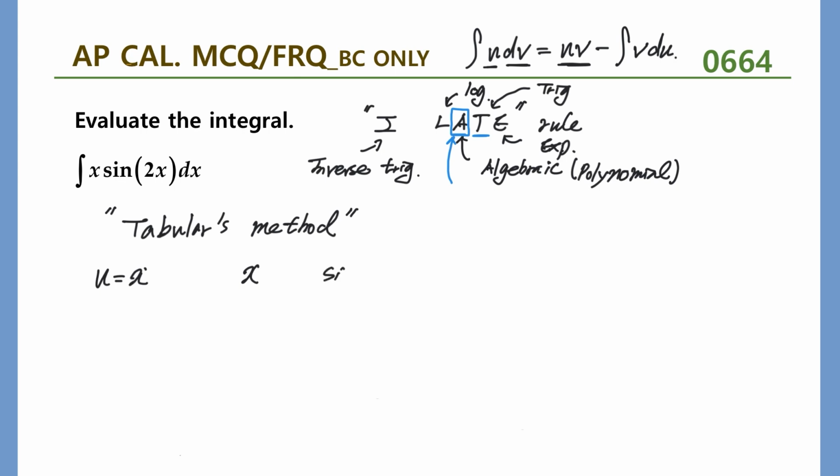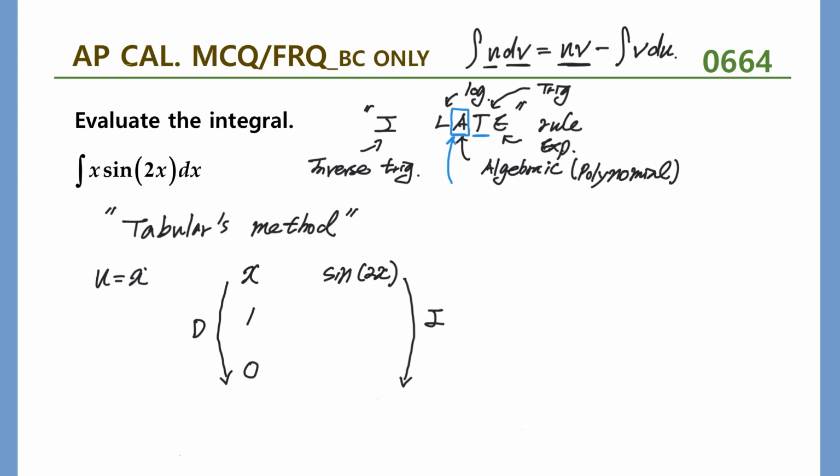So sine 2x on the right-hand side. We don't have to write dx. We're going to differentiate on the left until we have a 0, and integrate on the right-hand side, finding antiderivatives. The derivative of x is 1, and the derivative of 1 is 0, so we're done.